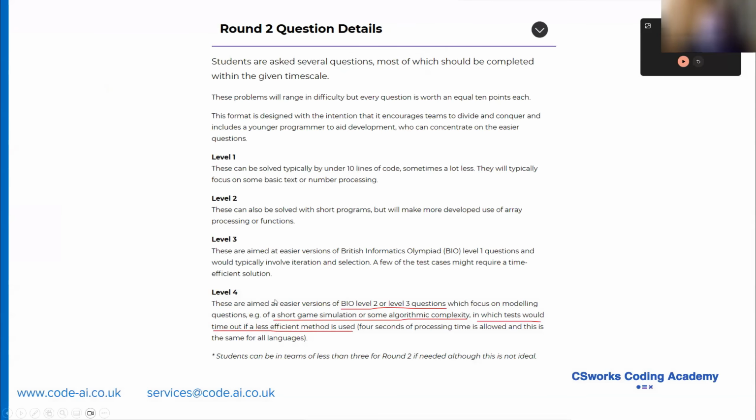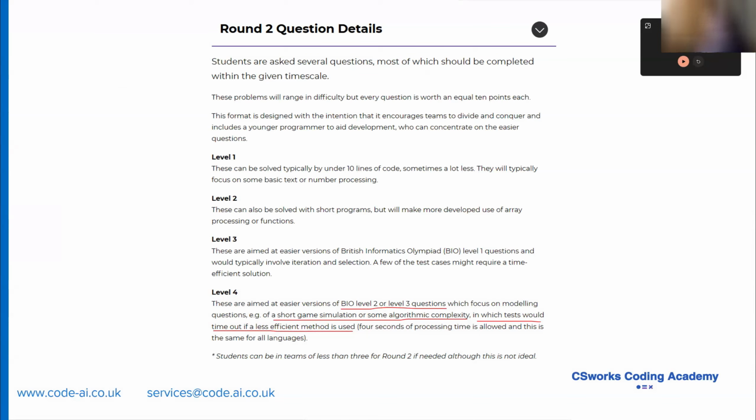And then finally, level 4, and these are easier versions of the Olympiad level 2 or 3 questions, and they focus on modeling questions. So for example, short game simulation, some algorithmic complexity, and in these, tests would time out if a less efficient method is used.